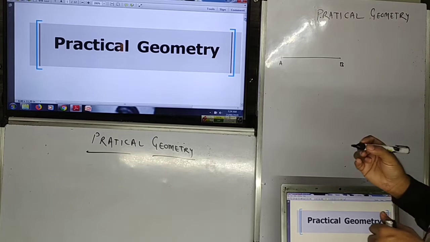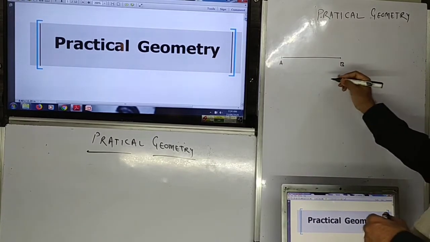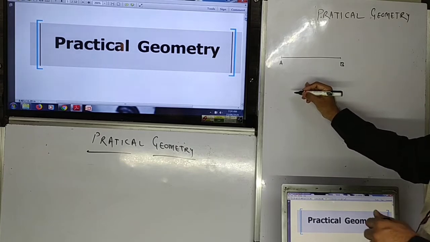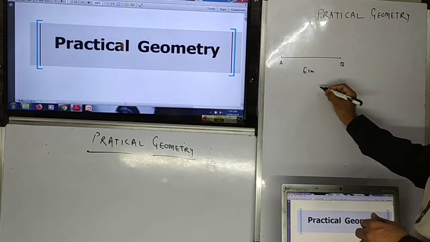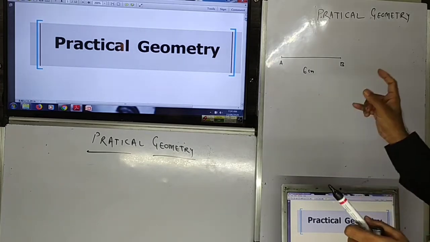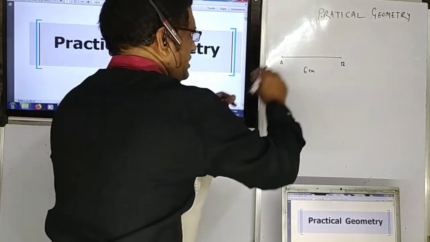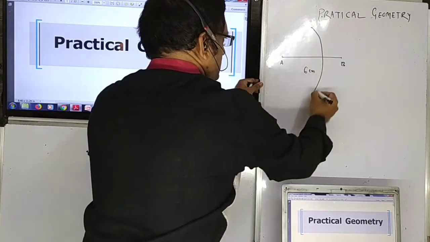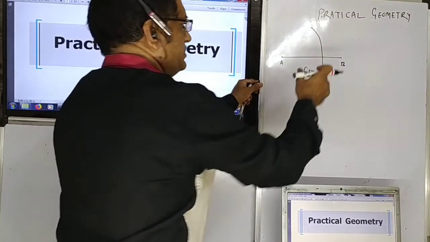Now let us find how to draw the perpendicular bisector of a side. Let's say segment AB is there, of 6 centimeters. Then what we do? Put in the rounder more than 3 centimeter distance and put the metallic end at A and draw one arc. Don't change the distance.